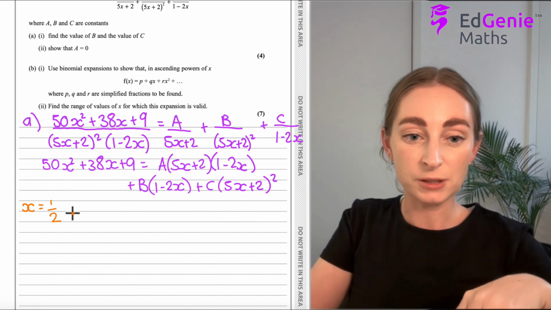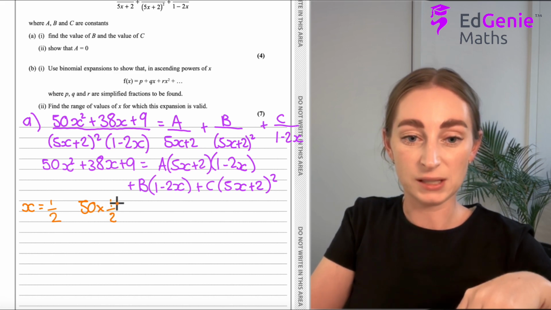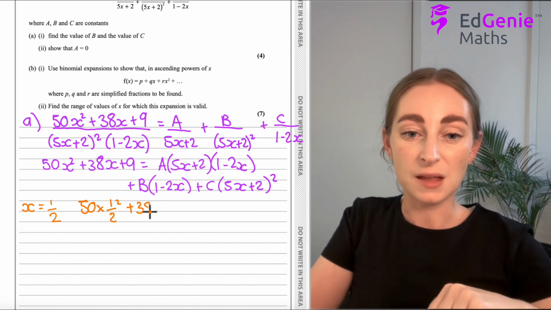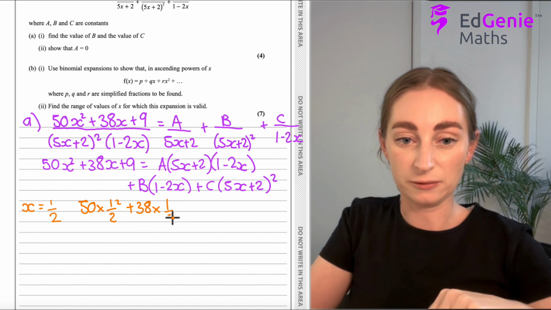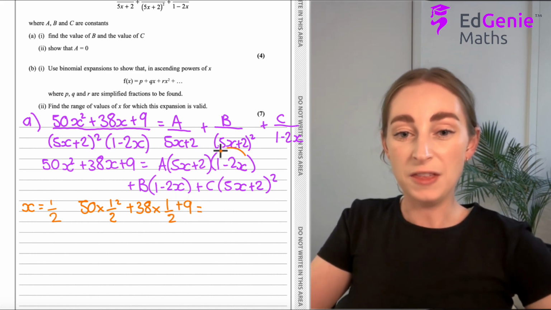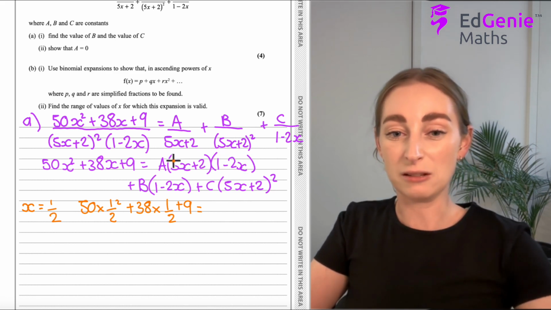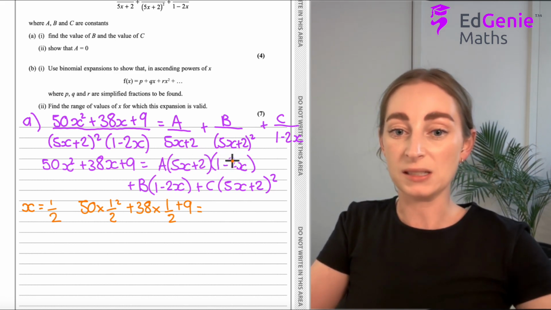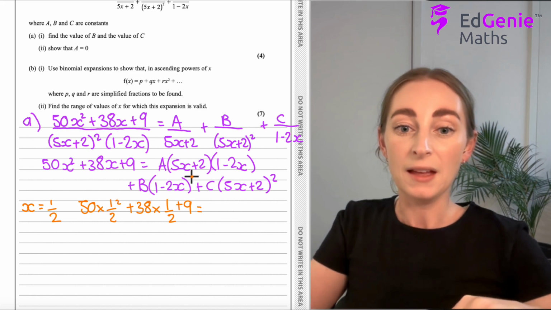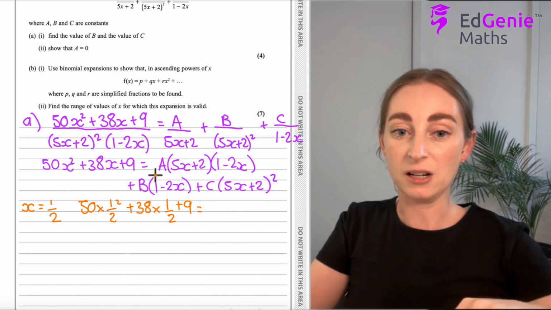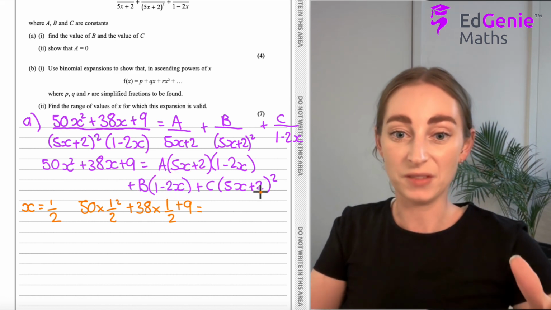Left-hand side, substitute in a half, we are going to have 50 times a half squared plus 38 times a half plus 9 equals. So this bracket here is going to be 0. So a times 0 is gone. This bracket here is going to be 0. b times 0, that's gone.